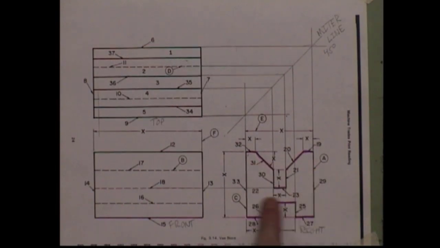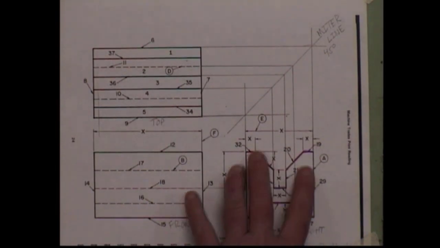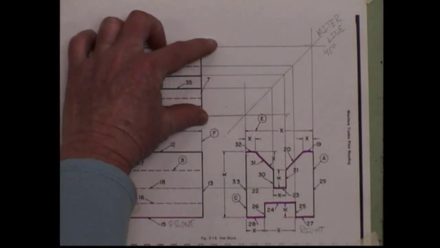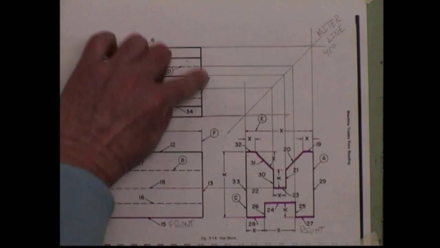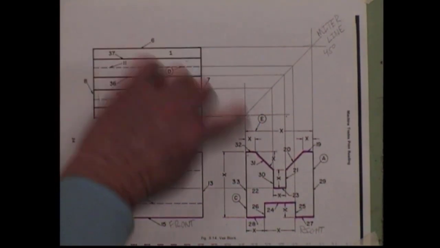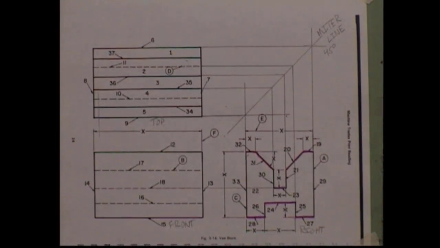So the side view 22 is actually this whole surface. So if we trace that up and over, that is this whole line right here. So number 7 is the edge of surface 22. So in the top view, surface 22 is line 7. And then number 9, it says surface 22 in the side view is what line in the front view?